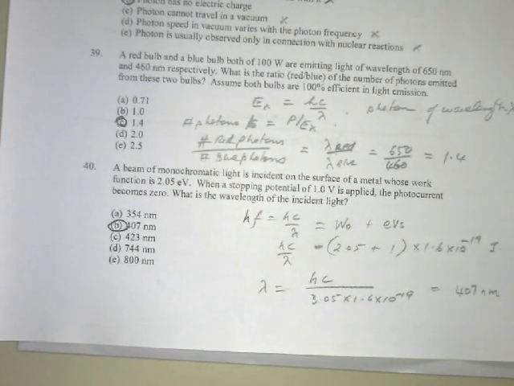Principally, we wanted you to be aware that electromagnetic radiation, when it behaves like particles, has a quantization property: the energy of the individual photons is related to the wavelength and the frequency by Planck's expression, E equals h times the frequency.